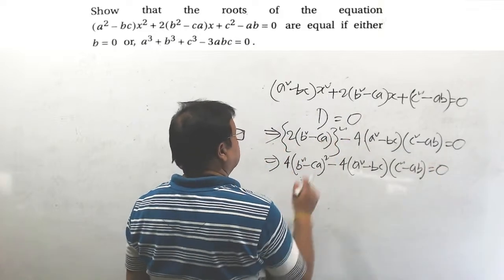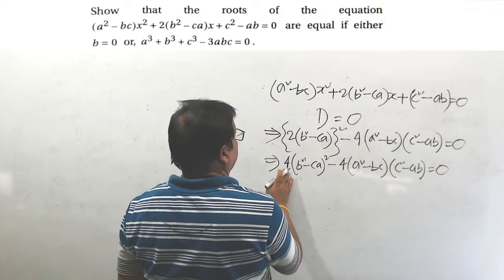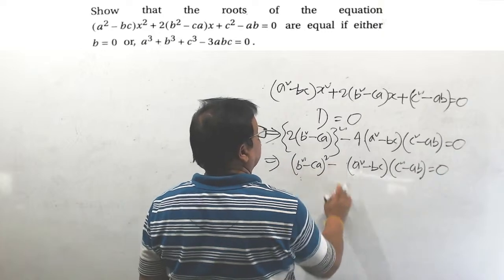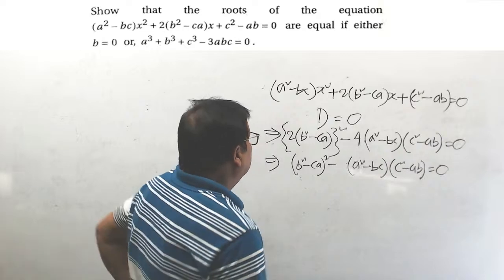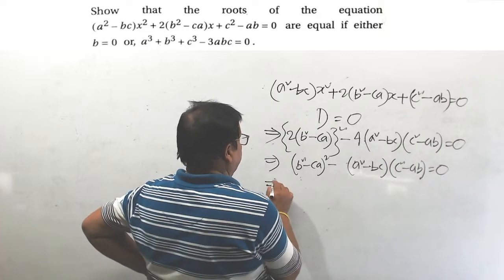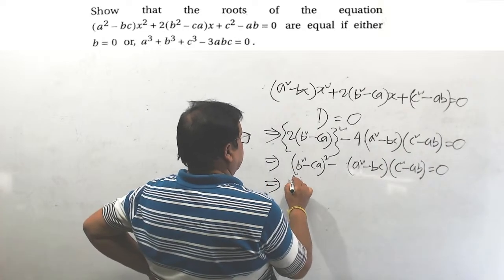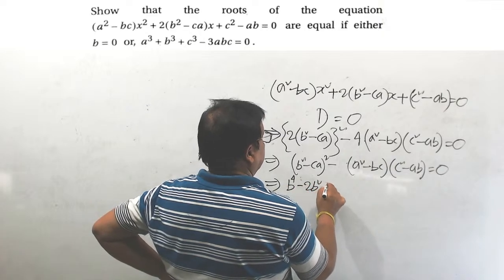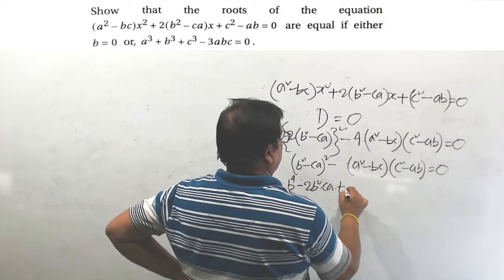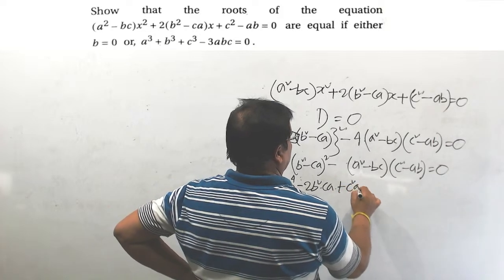See, 4 cancel. Now, (b square minus ca) whole square is b to the power 4 minus 2b square ca plus c square a square.